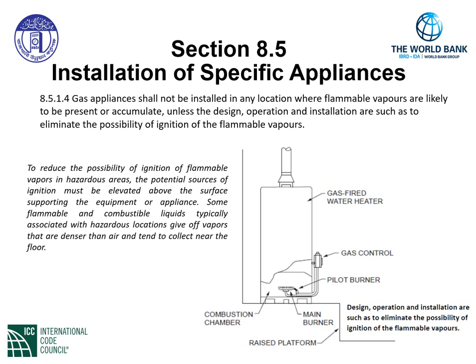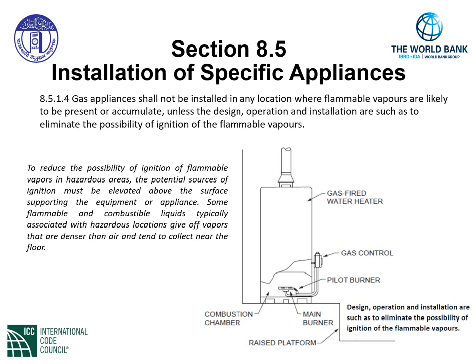As shown in the graphic below, we have a gas-fired appliance. We may need to elevate that appliance to be above any type of flammable vapors that may be hovering close to the finished floor. This is where we have flammable vapors that are heavier than air, ladies and gentlemen.